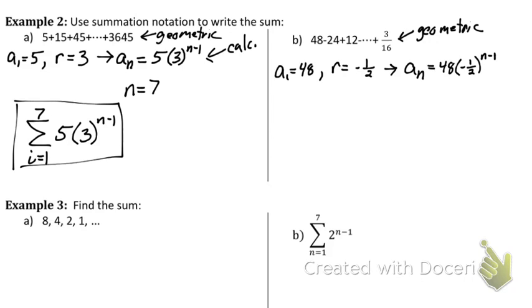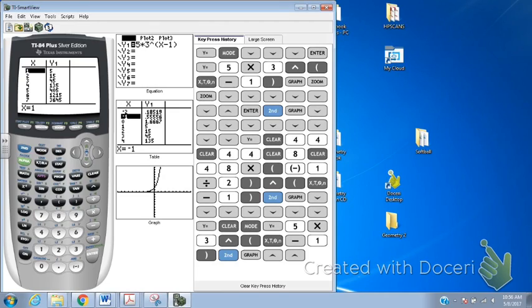minus 1 as well. Once again, I don't know my n, so we're going to plug this in our calculator as well. This is a good one to practice on because you do have to use parentheses all around your -1/2. So you're going to have parentheses around your -1/2, and parentheses around your n minus 1. I'll type it in. Try to do it on your own too.